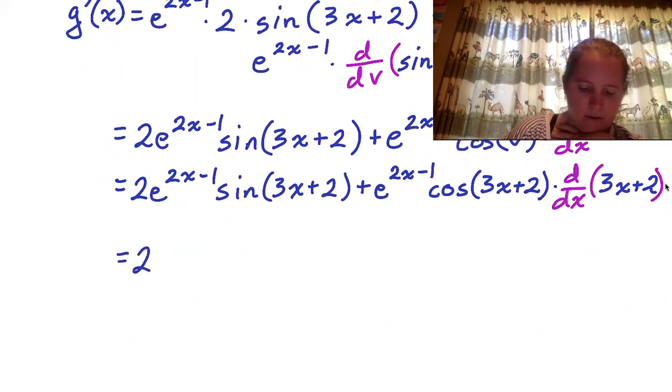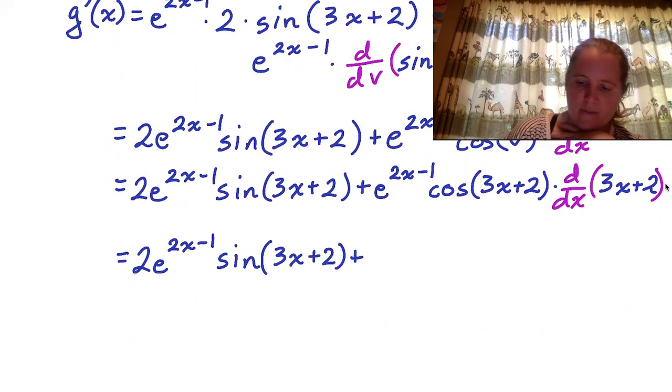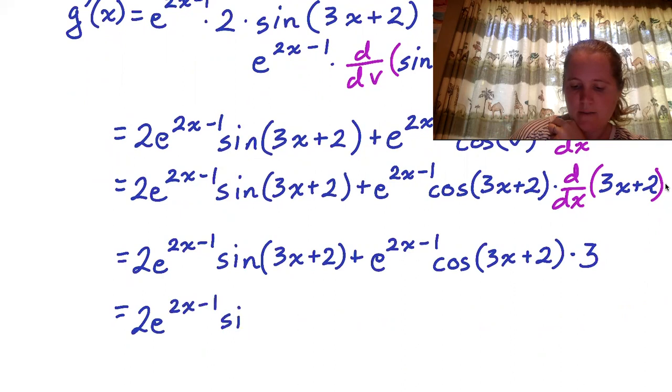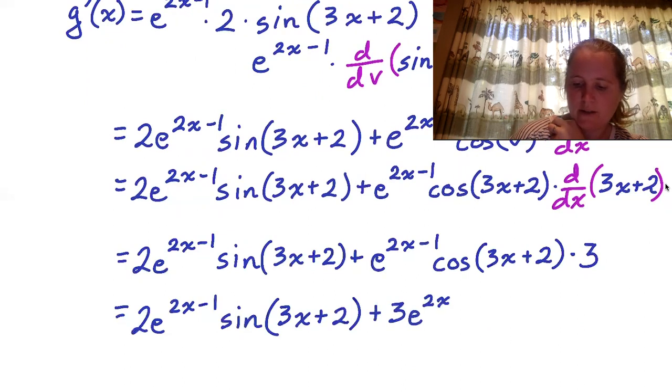So we have 2e to the 2x minus 1 times sine of 3x plus 2 plus e to the 2x minus 1 times cosine of 3x plus 2. All of that times 3. And if we rearrange, we have 2e to the 2x minus 1 times sine of 3x plus 2 plus 3e to the 2x minus 1 times cosine of 3x plus 2.